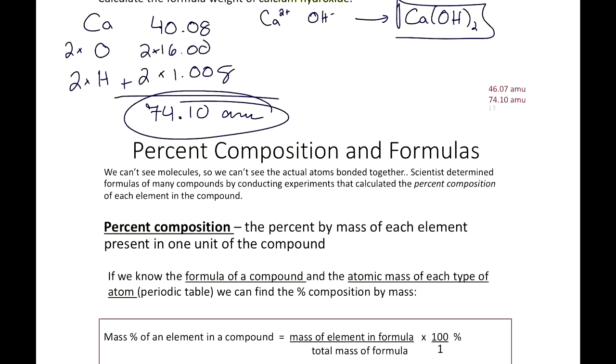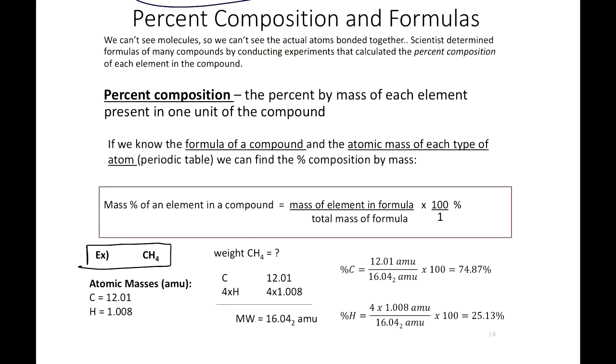So I can calculate what percentage of this total calcium hydroxide mass is coming from the actual calcium atom. And so how I can do that is just take 40.08, divide it by the total mass of the substance, multiply by 100. So I can calculate the percent contribution of each of those atoms to that full chemical formula. And this will be important coming up here.